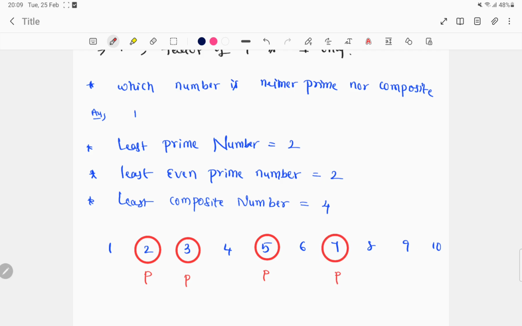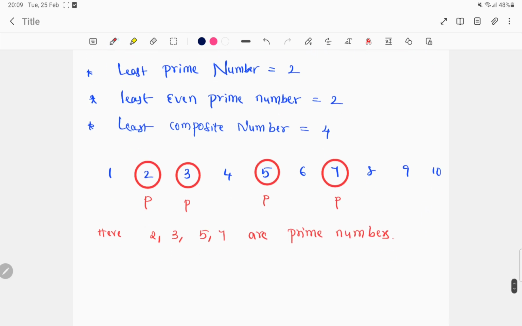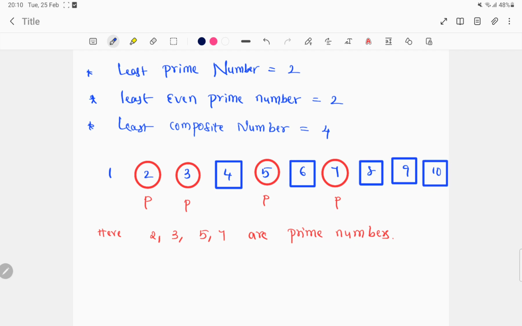So 2, 3, 5, 7 are prime numbers. Next, composite we can highlight now. 4 is a composite, the least composite. 6, 8, 9 and 10.